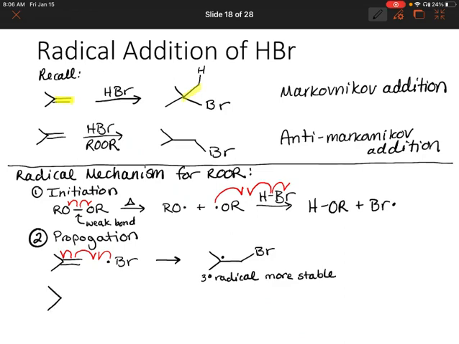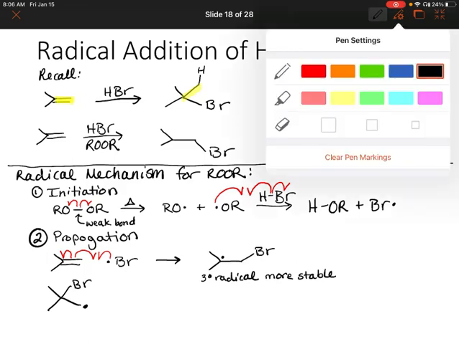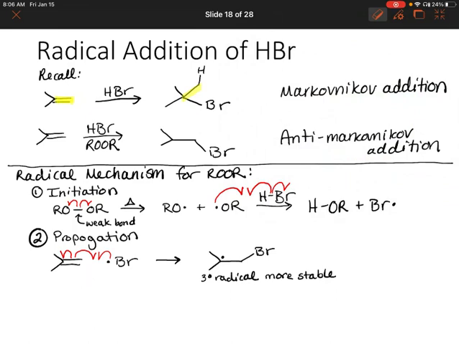So it would have looked like this, and that's a primary radical, which is not as stable. And we are going to go through the more stable intermediate. So that's why bromine adds to the less substituted carbon. So this might also help you kind of remember the anti-Markovnikov addition reaction, because now we're going to see the mechanism unfold here.